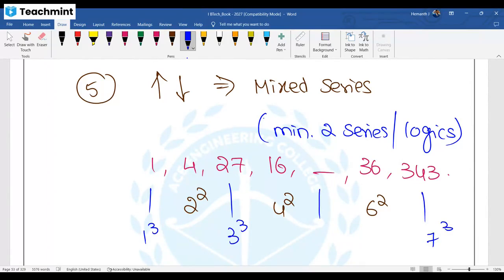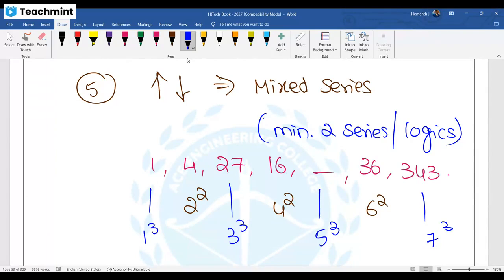For odd numbers, cube. For even numbers, square. That's what mixed series I am talking about. 2 different logics or 2 different series. Here one is a square series, one is a cube series. So that is a mixed series example. Slow increasing, slow decreasing, fast increasing, fast decreasing, now mixed series.